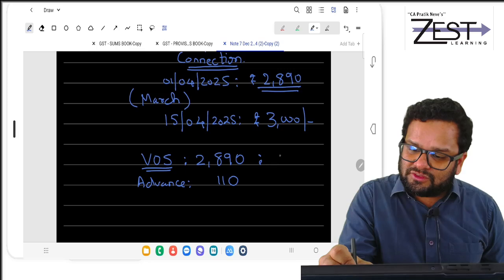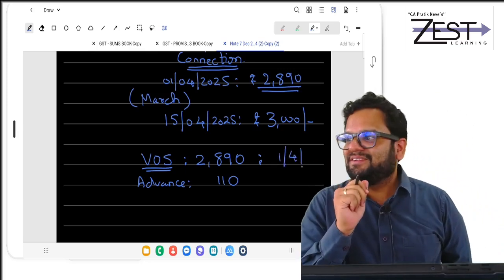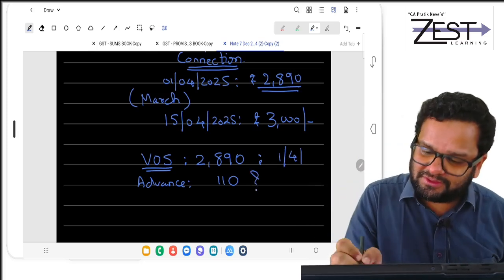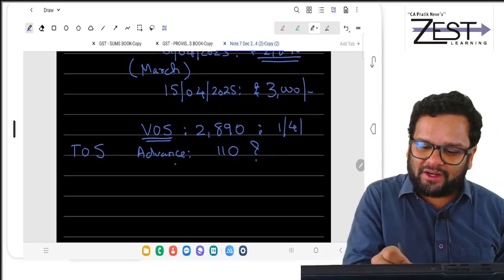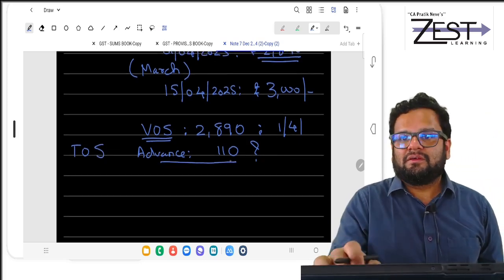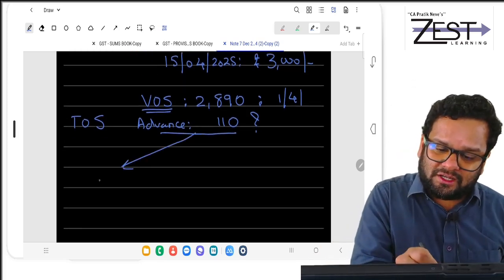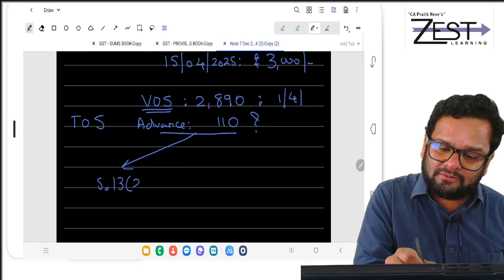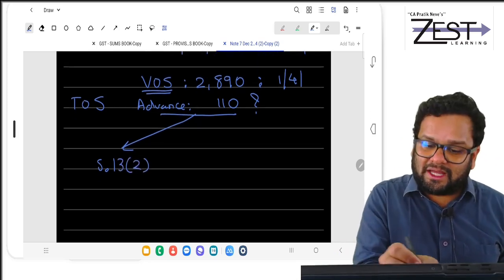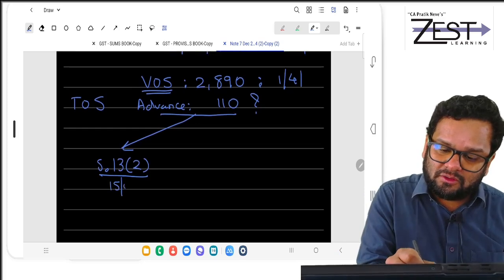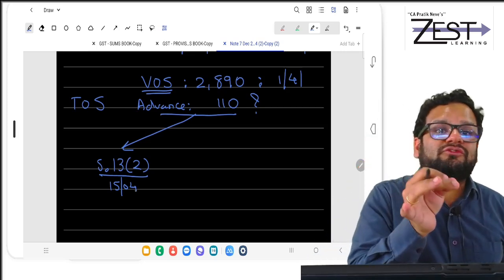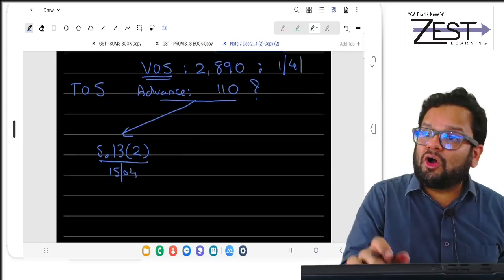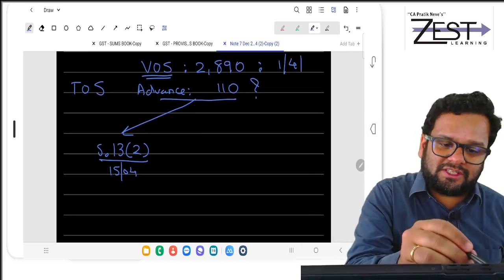For the 2890, time of supply is the date of issue of invoice. But what about the time of supply of this advance of 110? My question is the time of supply of this advance. So friends, if you strictly follow 13(2), then time of supply will be 15/4. Why 15/4? Because, see, I will go in sequence.